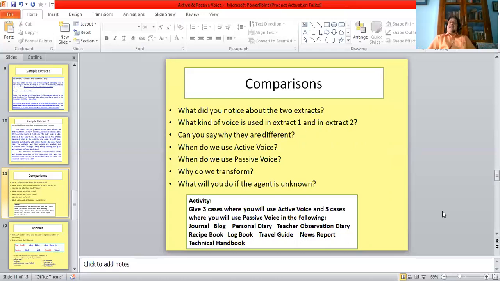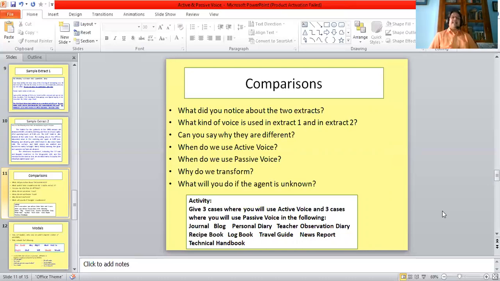And if the agent is unknown, as is mentioned over here, we might say the authorities or use some other word for them. Now, there is an activity given over here which you might do, that is, give 3 cases where you will use the active voice and 3 cases where you will use the passive voice in the following: journal, blog, personal diary, teacher observation diary, recipe book, log book, travel guide, news report, technical handbook.